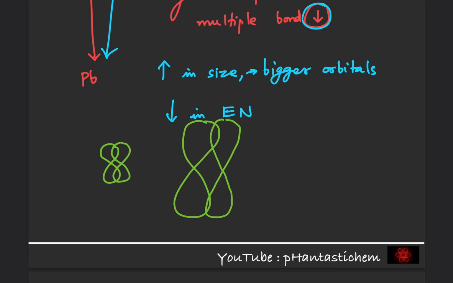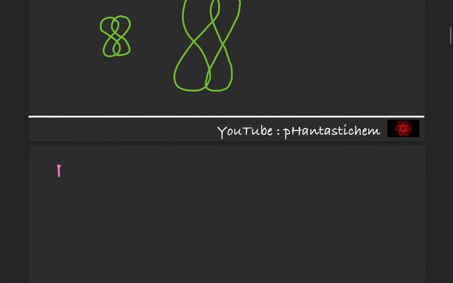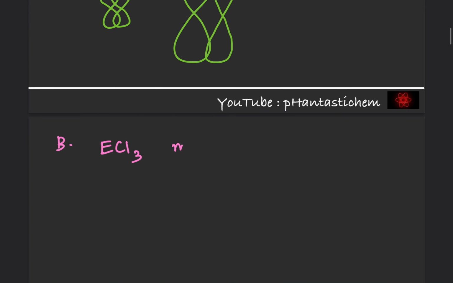Now, therefore, statement A is a correct statement. So it says that carbon has the ability to form p pi multiple bond with itself is correct. Okay. Now coming to statement B, which says that ECl3, where E can be either boron or aluminium, is a monomer when E is boron and is a dimer when E is aluminium.